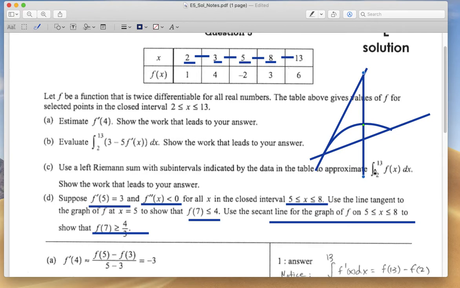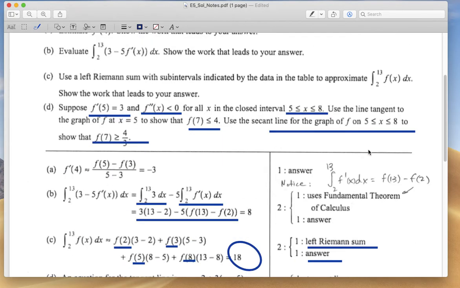And you'll notice that the function value at 7 is smaller than the function value on the tangent line and bigger than the function on the secant line. So there's a whole lot of information to sort out, but if you do, it becomes clear what you have to do. Here's a better picture.